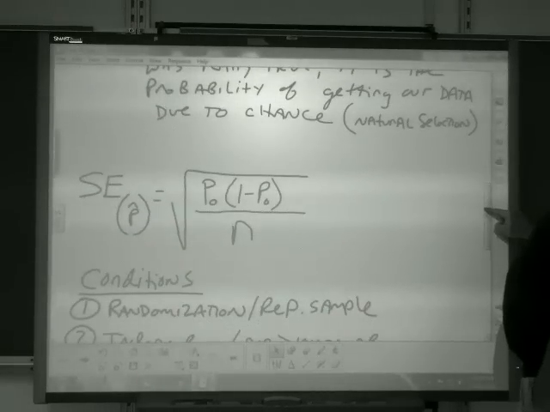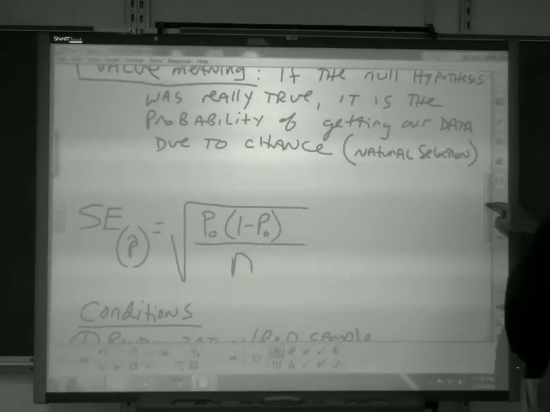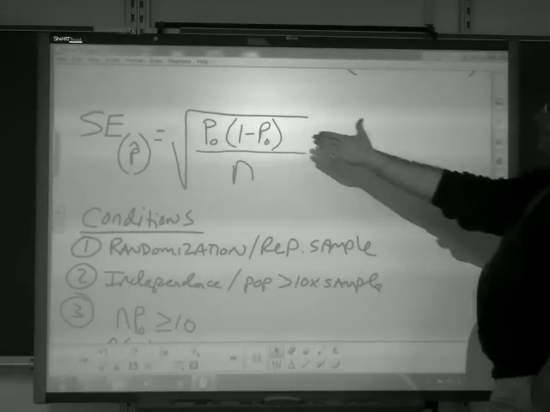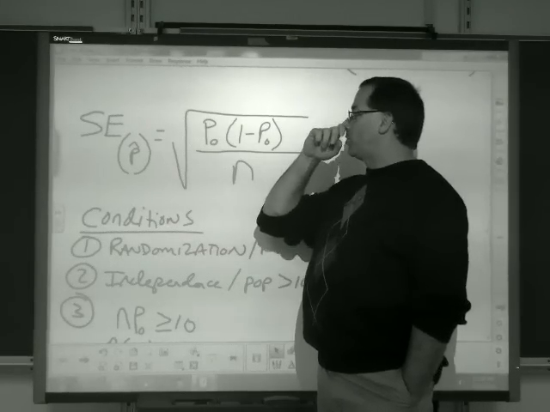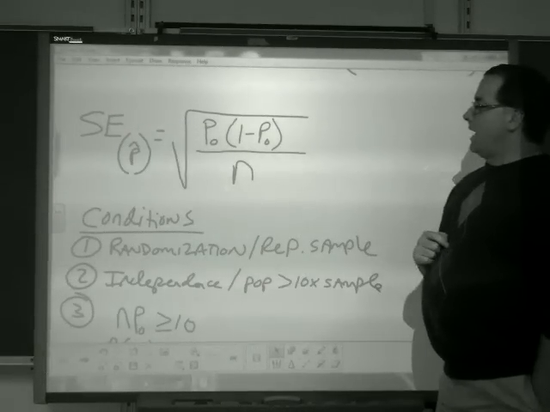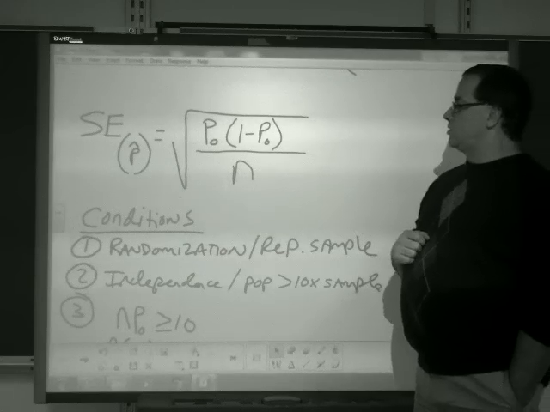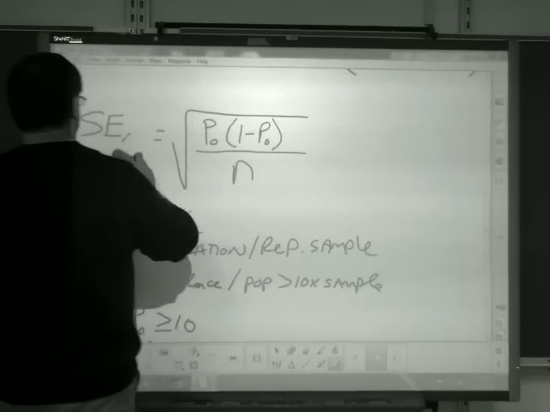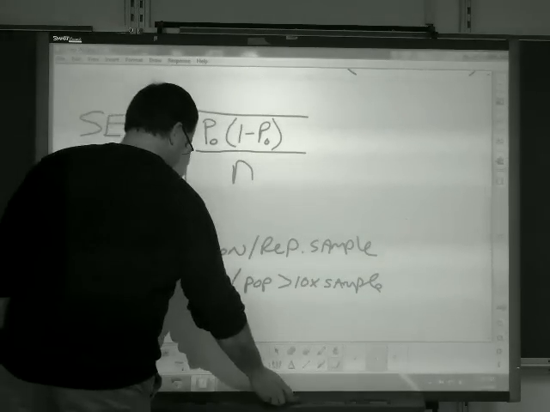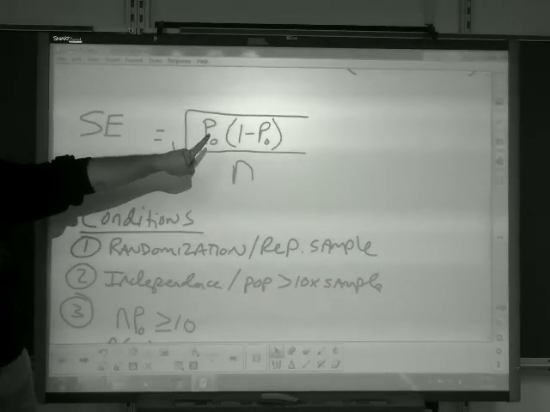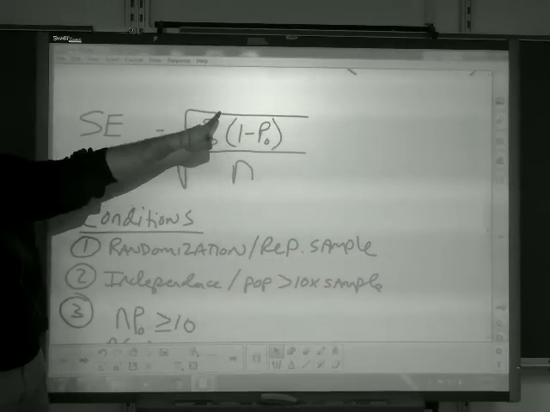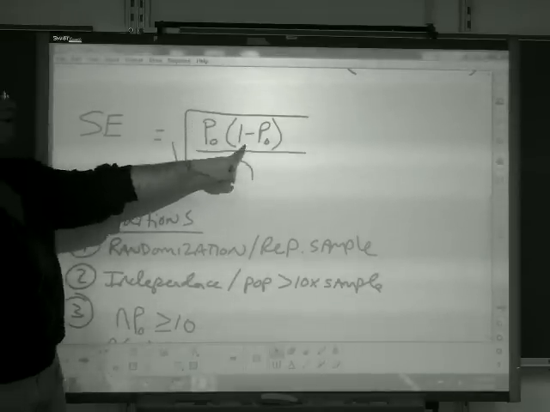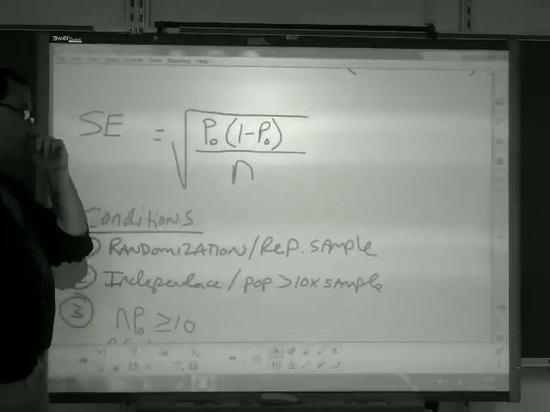Now, in order to do the problem, we need to talk about standard error again for proportions. And the standard error is going to be, and you can just leave this off for now, P sub 0, or the initial claim, because that's what's true until we can prove otherwise, times 1 minus that, over n.